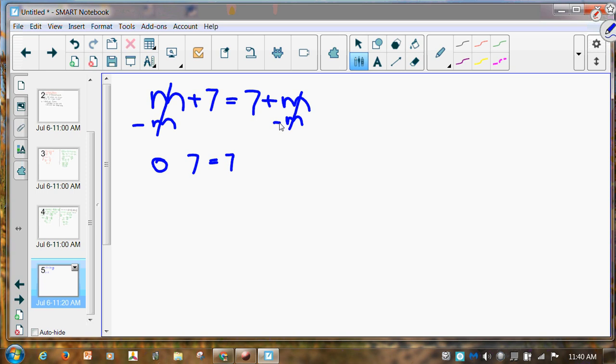If I wanted to go ahead and subtract 7 from the left so that I get rid of the numbers on the left, guess what happens? I just end up with a solution that says 0 equals 0. And you think, well, what does that mean? Well, what it means is that no matter what number I put in for m, it works for all real numbers.